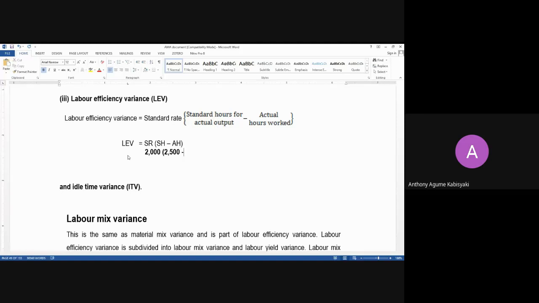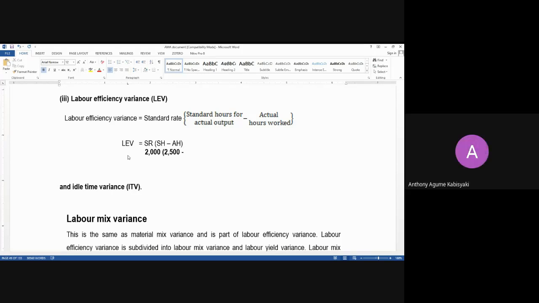What is the figure for actual hours? 2,100.